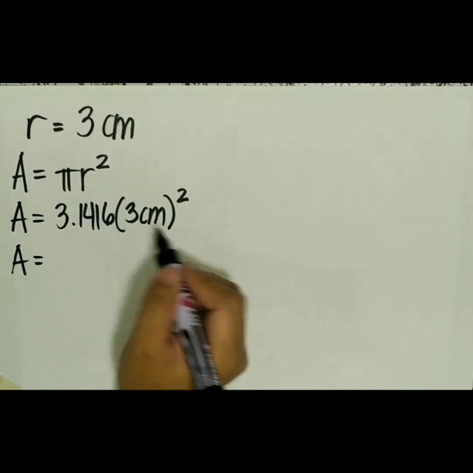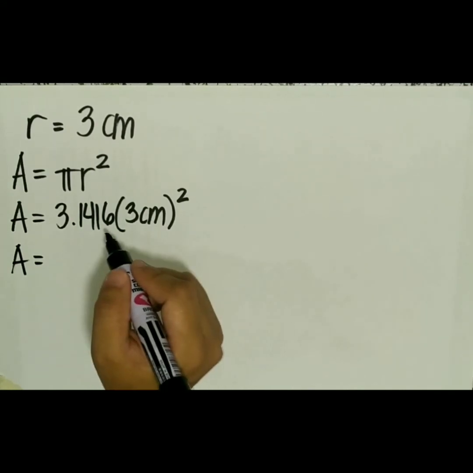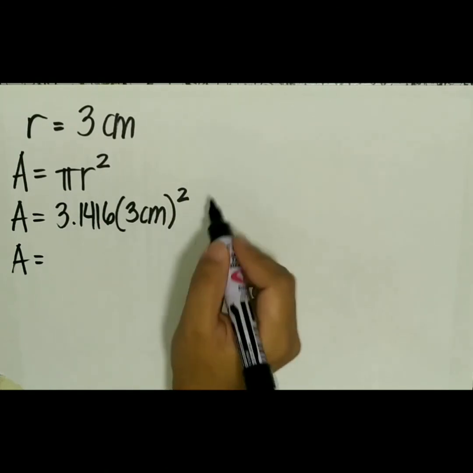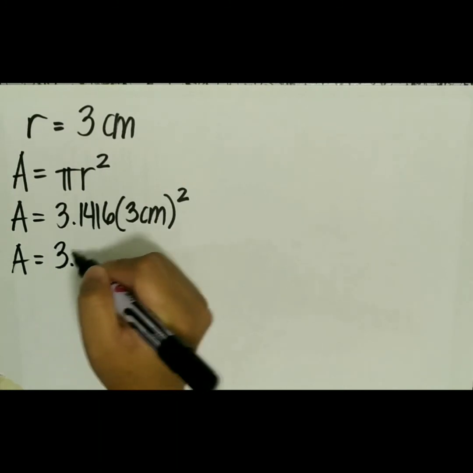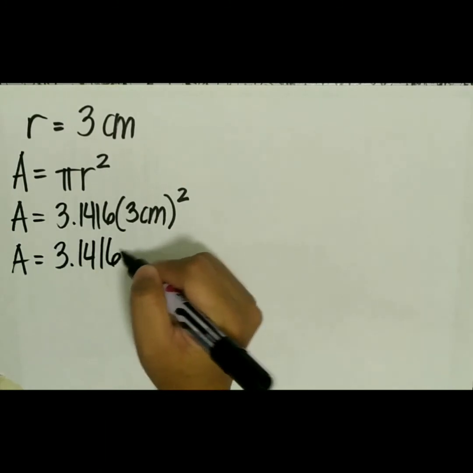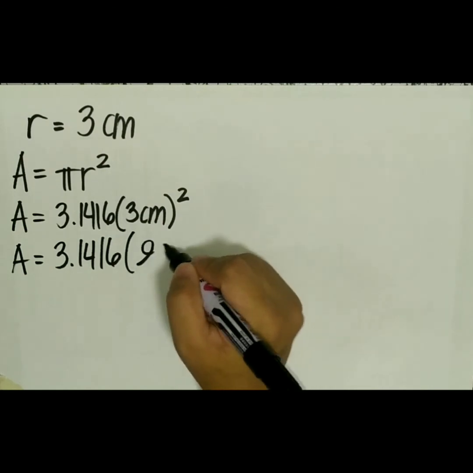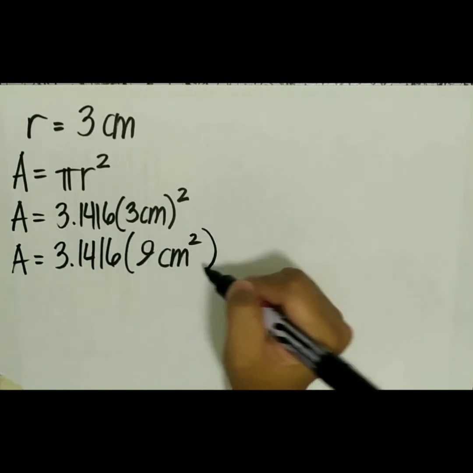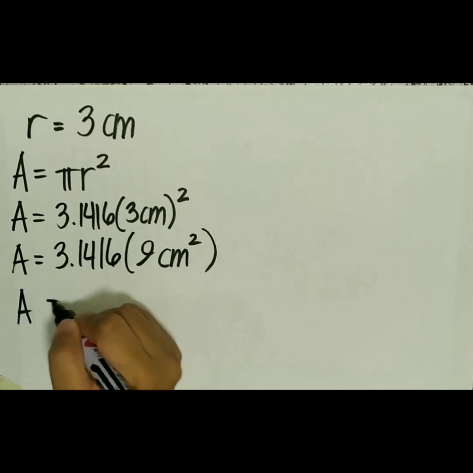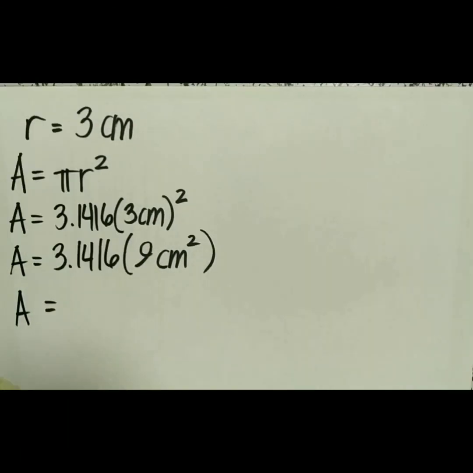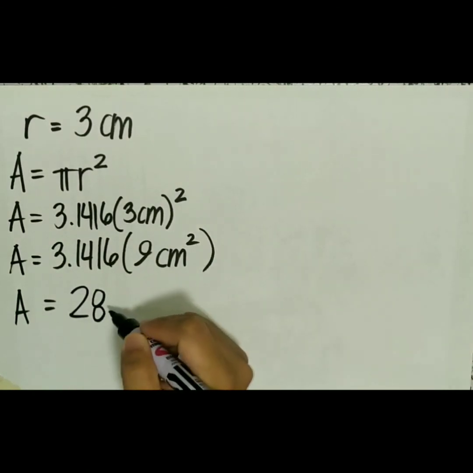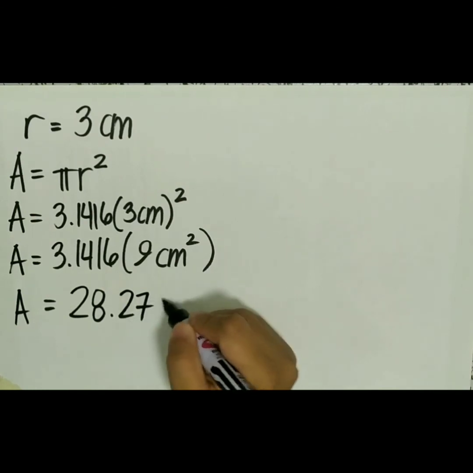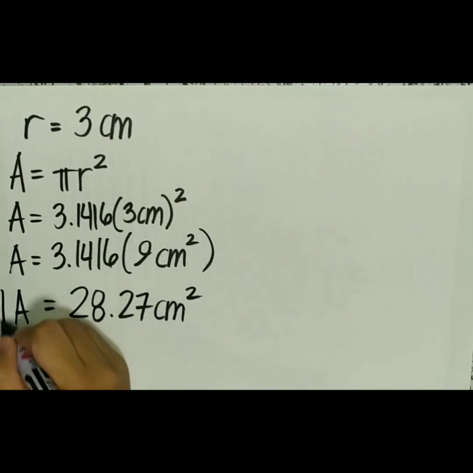Before we multiply these two numbers, make sure that we get the square of 3 centimeters first. So 3 centimeters squared is equal to 9 centimeters squared. And this will be multiplied by 3.1416 so that we will have the area of 28.27 centimeters squared.